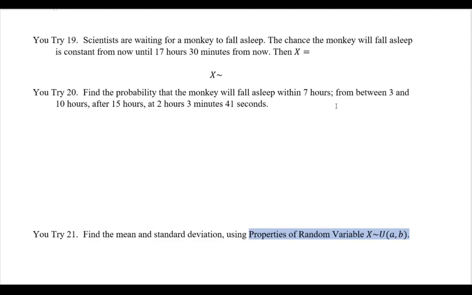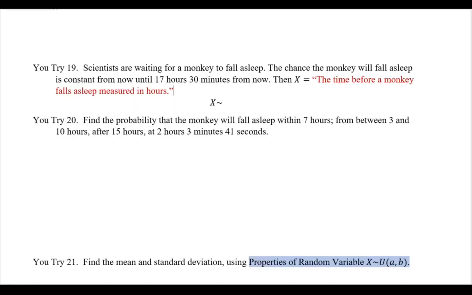You try 19. Scientists are waiting for a monkey to fall asleep. The chance the monkey will fall asleep is constant from now until 17 hours and 30 minutes from now. Then we'll let x equal what? We're measuring x, which is the time before the monkey falls asleep, measured in hours.